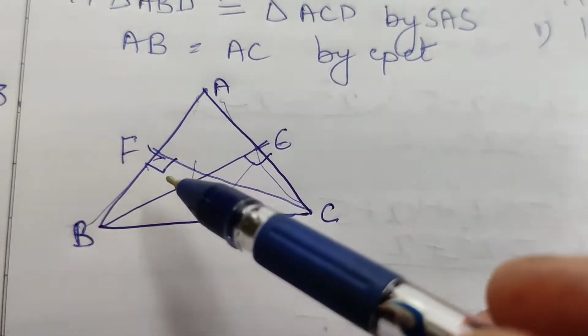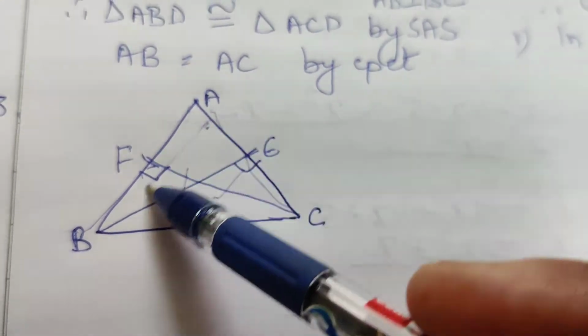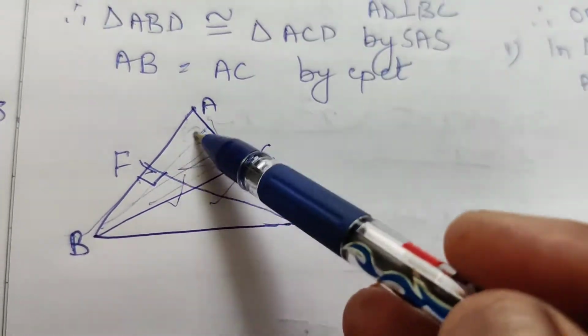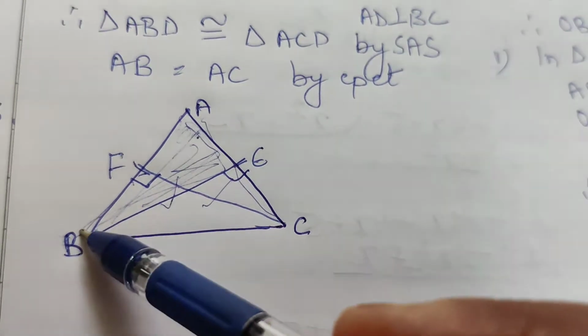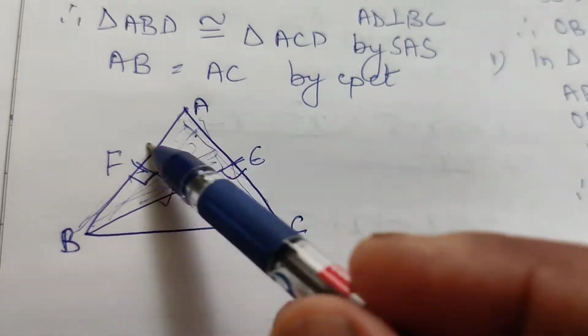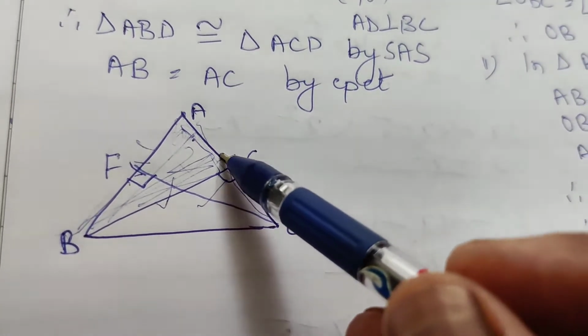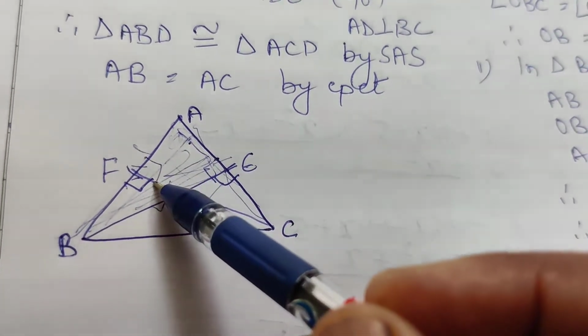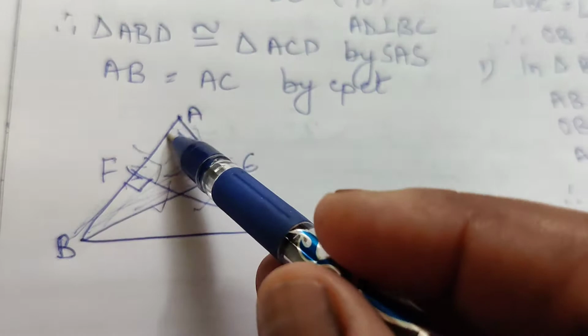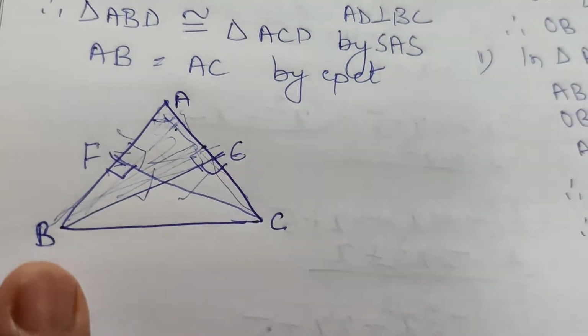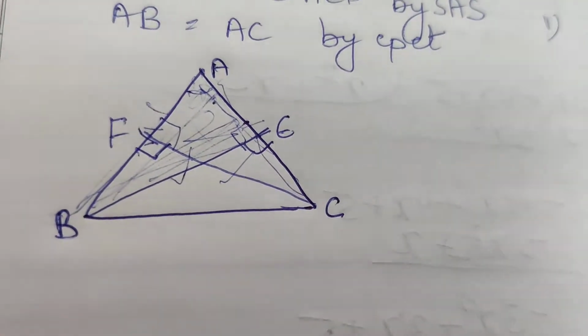We can take two triangles, triangle ABE and triangle ACF. First, AB equals AC; one angle is 90 and another is 90, and the third is the common angle. In both triangles, angle A is common.